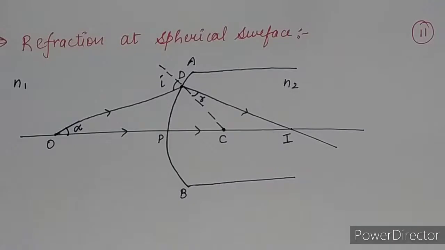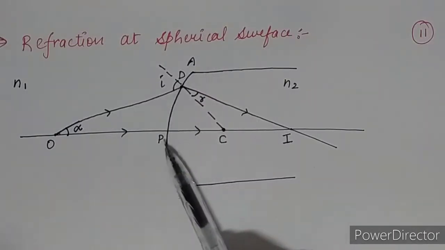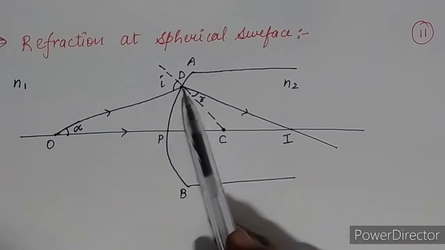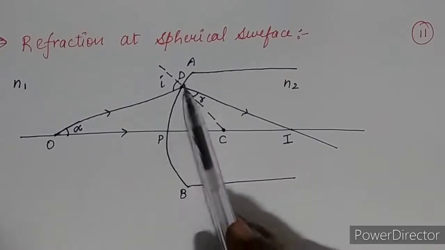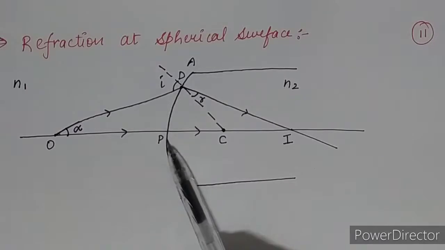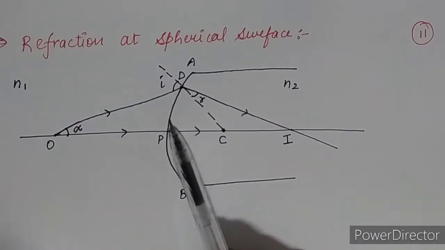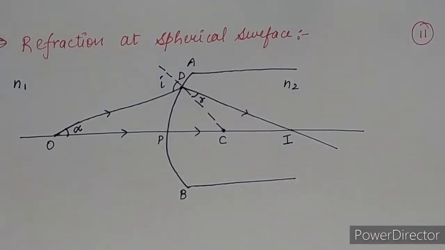Now we consider that the point D is very near to point P, so PD behaves as a straight line.